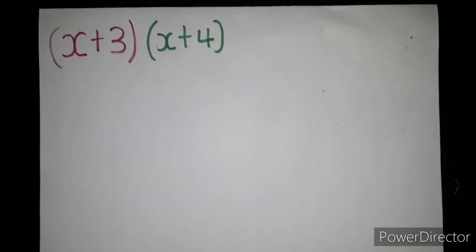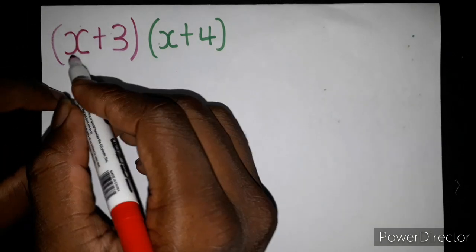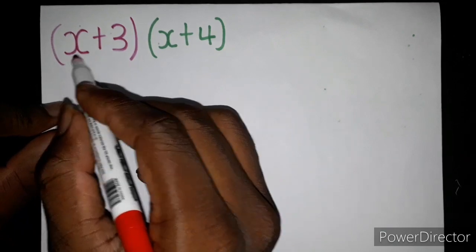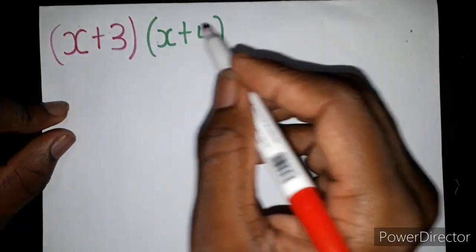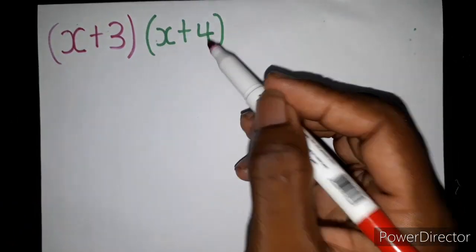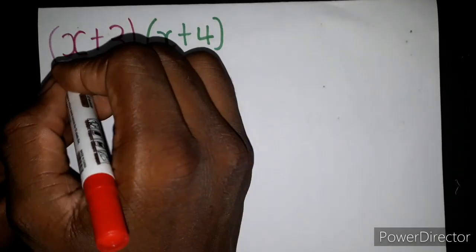We have a third example. We have 2 brackets multiplying each other. Can we use the distributive law to simplify this? Of course. We see 2 terms here, and we're taking these 2 terms and multiplying them by these 2 terms in this bracket. We're taking it term by term. Let's deal with the x first.